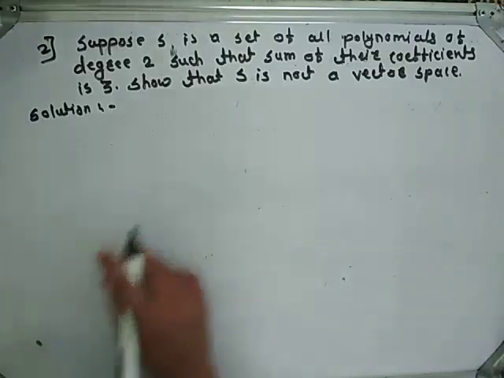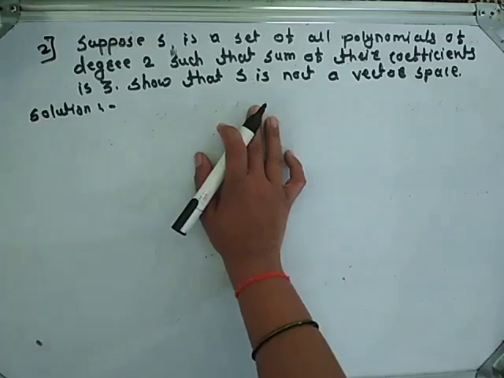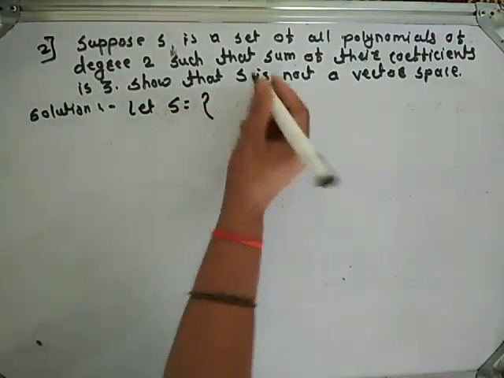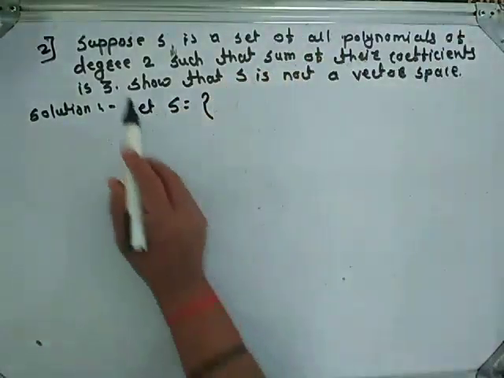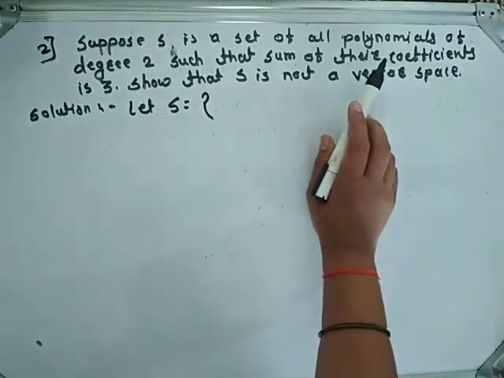Here we have to find an axiom which is not satisfied by S. Okay. Let S be the set of all polynomials of degree 2 such that the sum of their coefficients is 3.